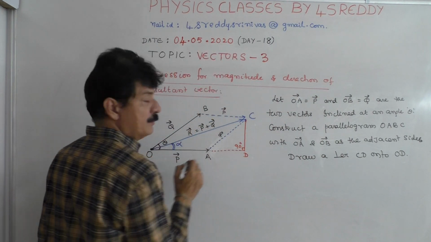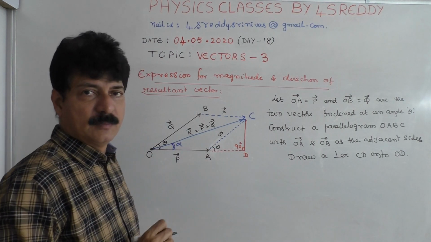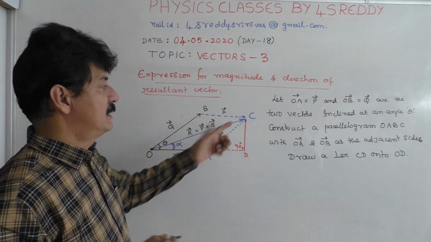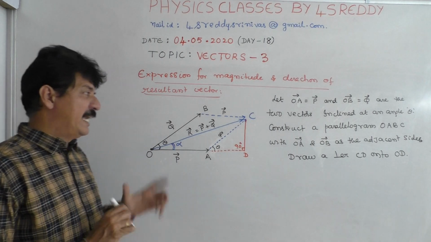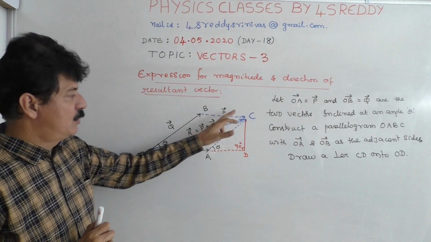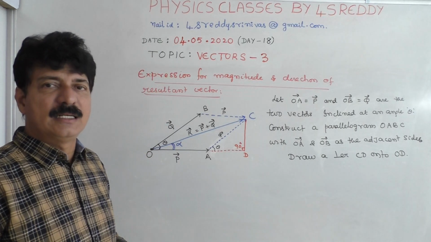And here, if this is theta, this must also be theta. But you are going to find out the resultant. Now, if you observe this, there are two right angle triangles. One is OCD, a right angle triangle, and ACD is another right angle triangle.